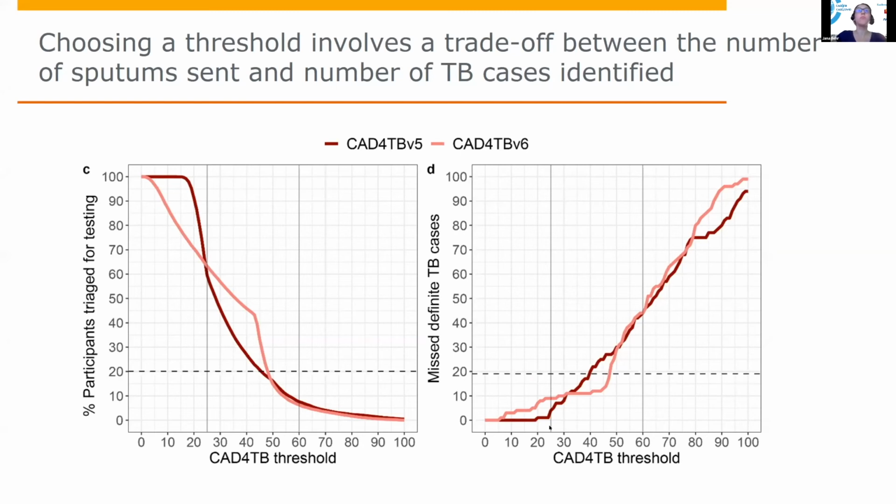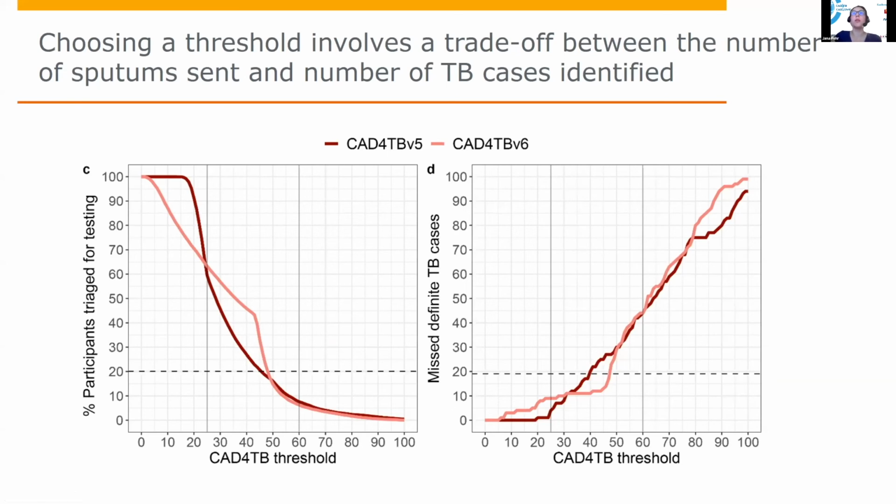And on this left graph here, you can see the percentage of participants who would require sputum testing, and our chosen threshold at 25, here marked by this gray horizontal line, would have tested 60% of the participants, so really the vast majority. And of course, this had cost implications, and this was also 3 times higher compared to who the radiologist would have sent for sputum testing, which is marked here by this dashed horizontal line.